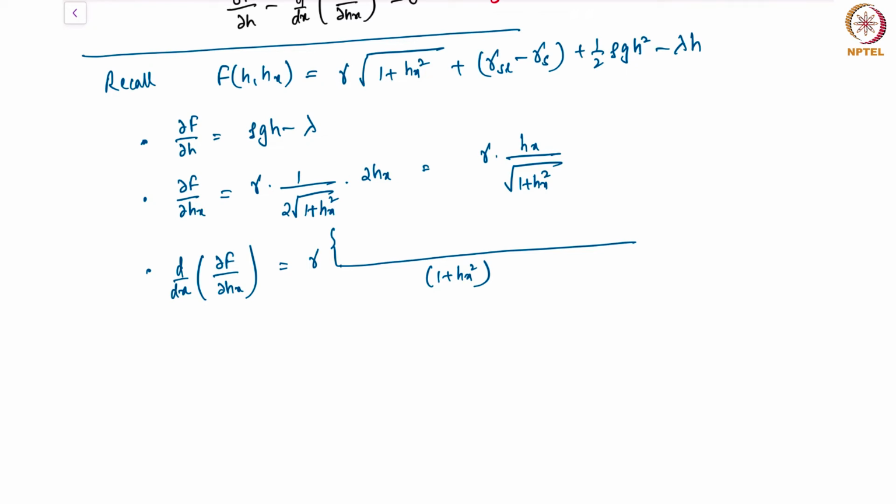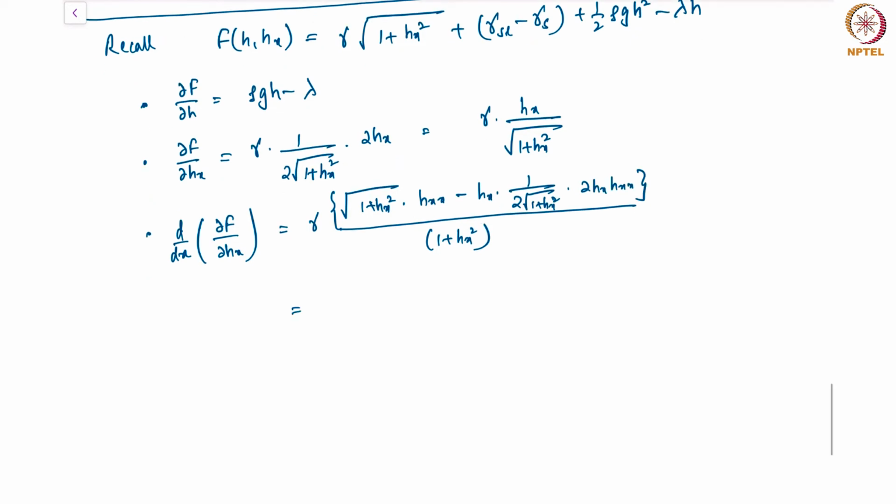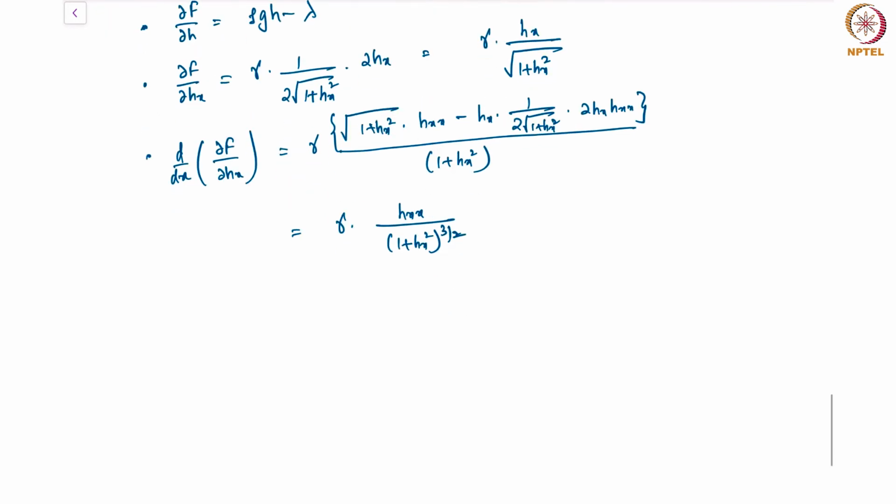I have hx, and if we simplify this, we are simply going to get gamma times hxx by 1 plus hx square whole power 3 by 2. This is what we have so far, right?